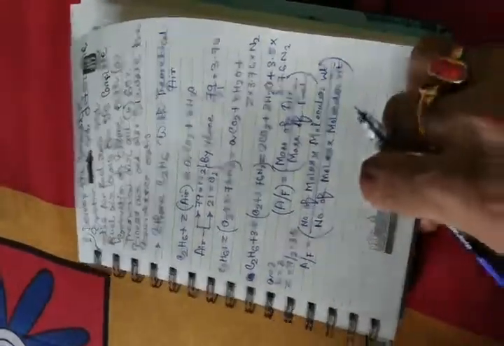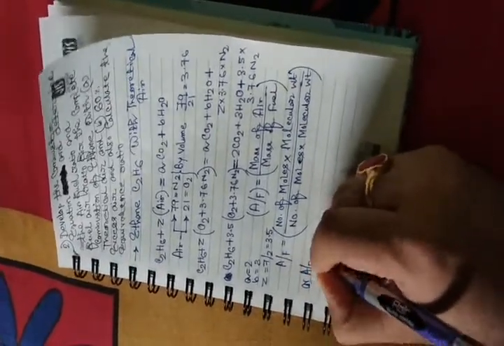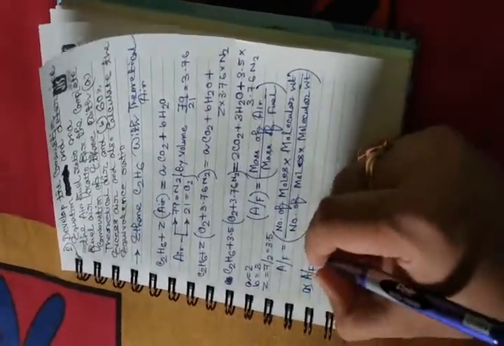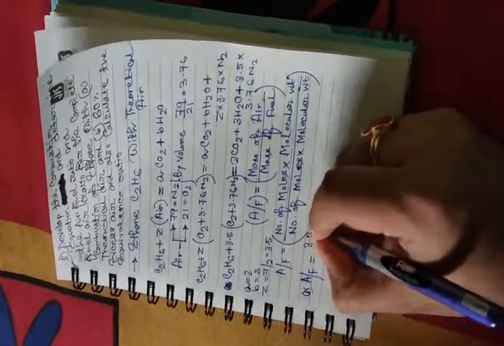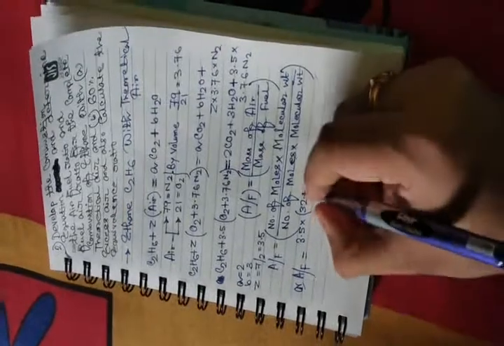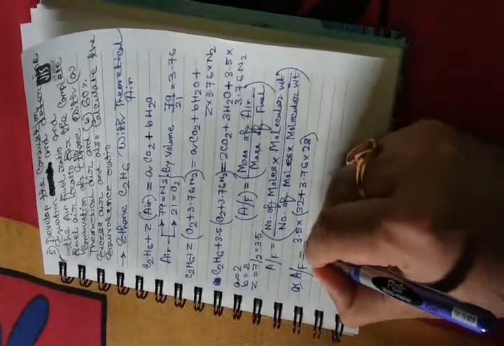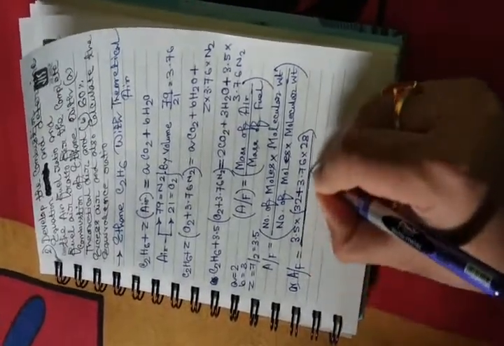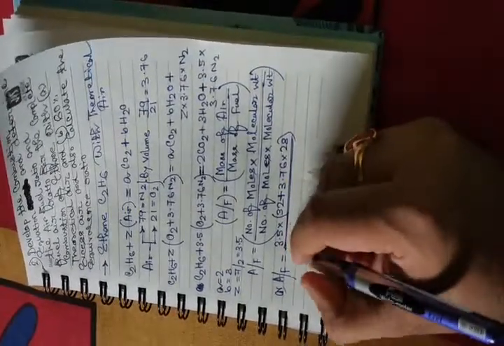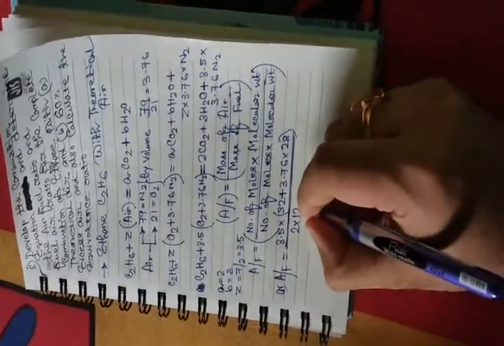Okay, so the air-fuel ratio will be, for air, 3.5 into (32 plus 3.76 into 28), divided by the fuel, which is 2 into 12 plus 6.